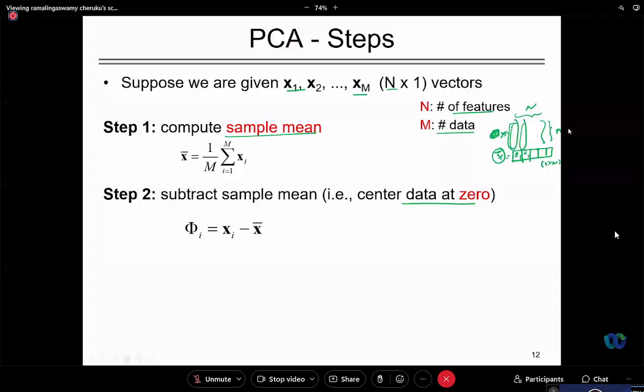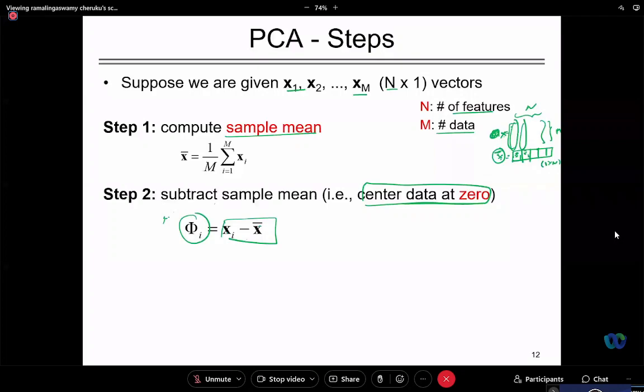This is a subtraction operation: you subtract the corresponding mean of the column from all the column values. Then you get the zero mean data. If you find the mean of the transformed data, x minus x bar, the mean of this is zero.